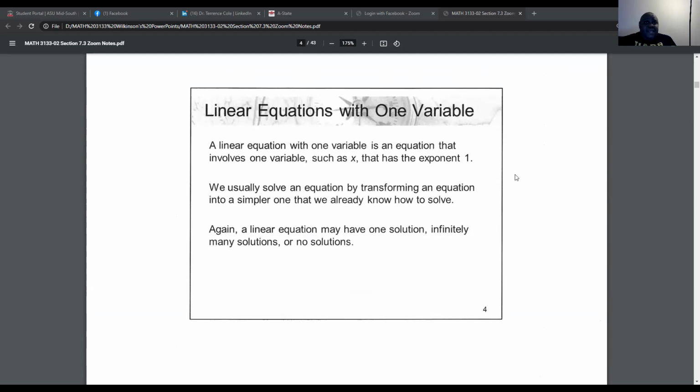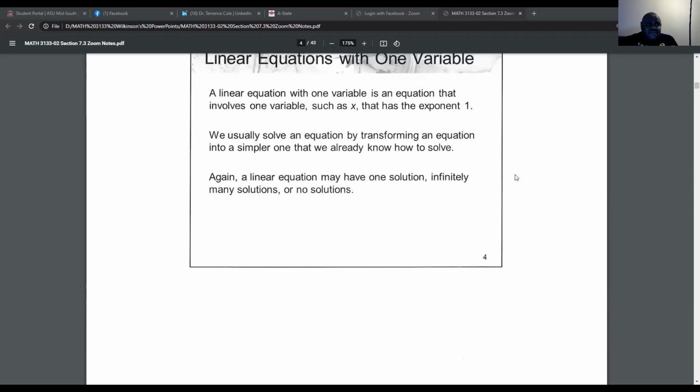Okay, the variable could be any letter, like n or m or x, y, or z, does not matter, as long as the highest exponent is a 1. We usually solve an equation by transforming an equation into a simpler one that we already know how to solve. Okay. Now, a linear equation may have one solution, infinitely many solutions, or no solutions.